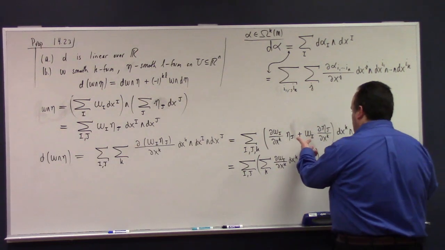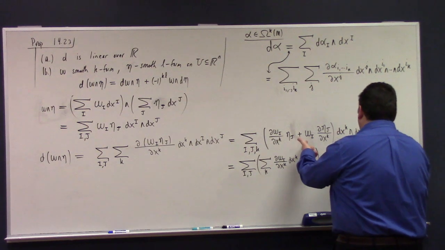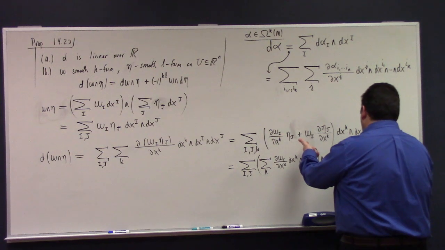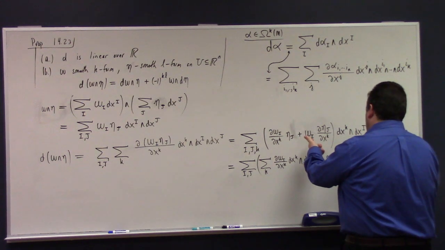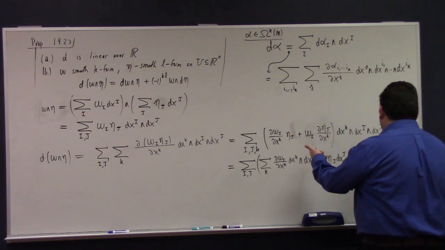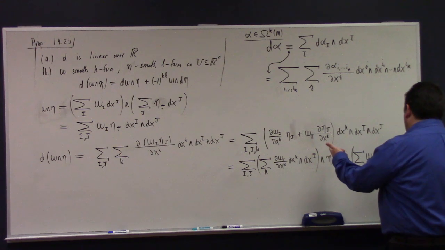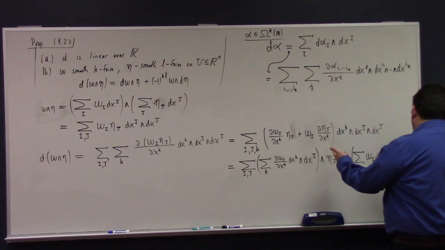See, this guy, I have the sum over I of omega I dxi wedged with the sum over j and k of partial eta j, partial xk, dxk wedge dxj.